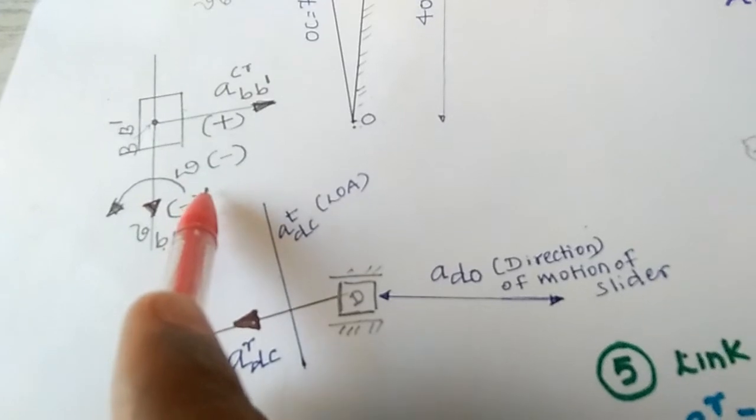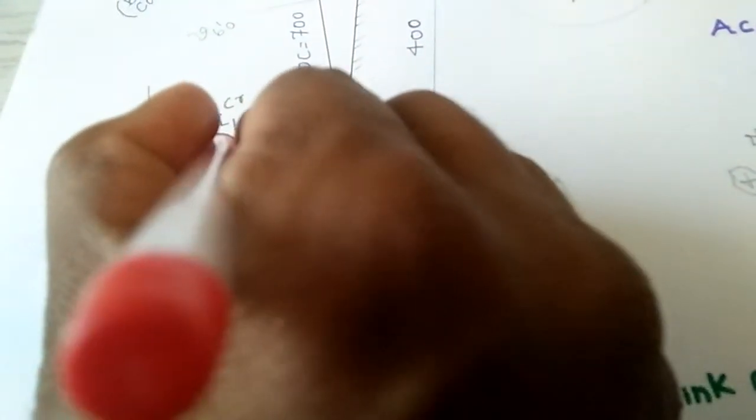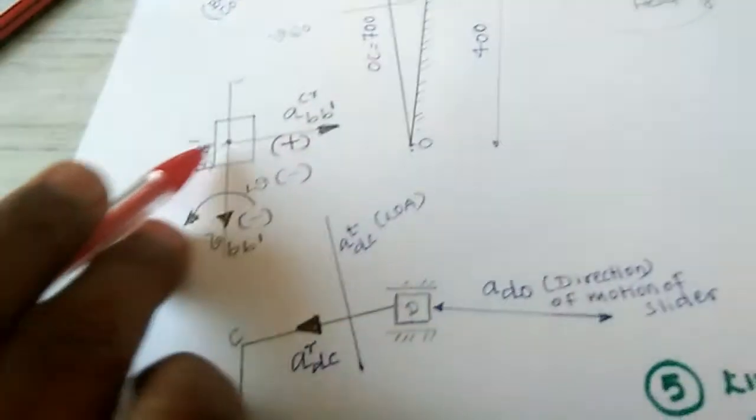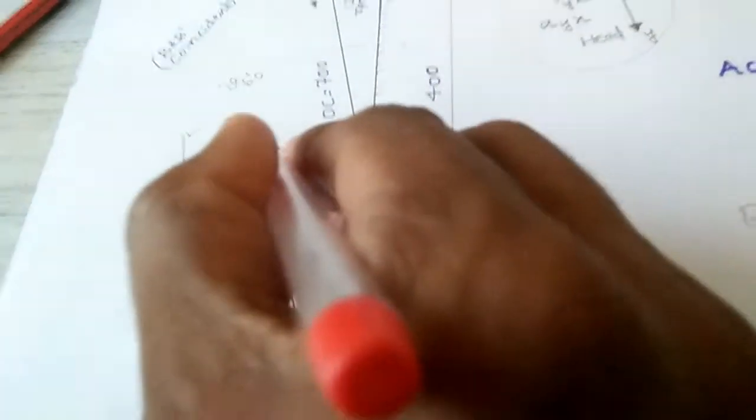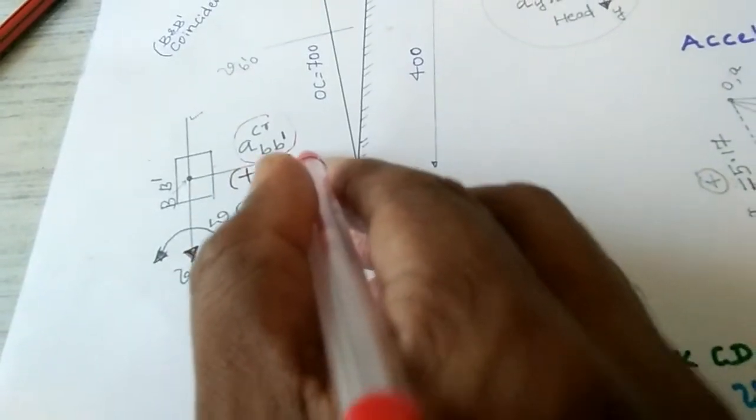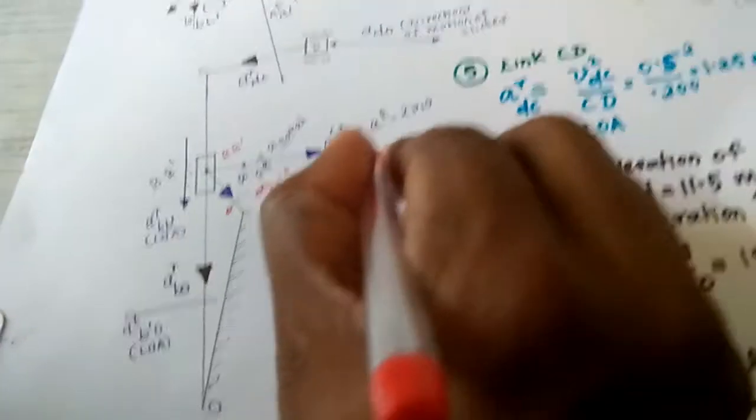When it comes to the Coriolis component, it comes as positive, negative to positive. Positive means you have to take the right hand side of the link. That's why the Coriolis component at B dash comes towards the right side. Can you find it? Here also I have drawn this way, that's why I have taken the right side.